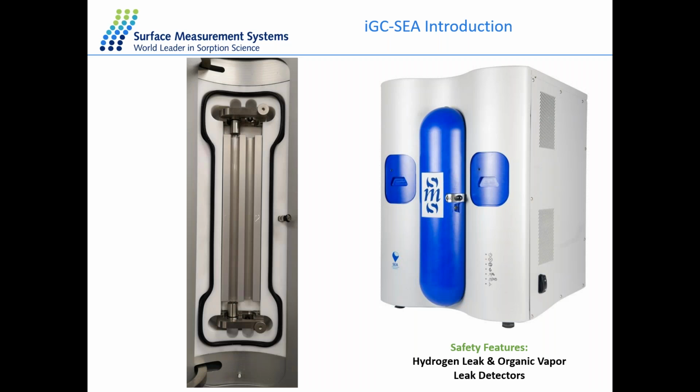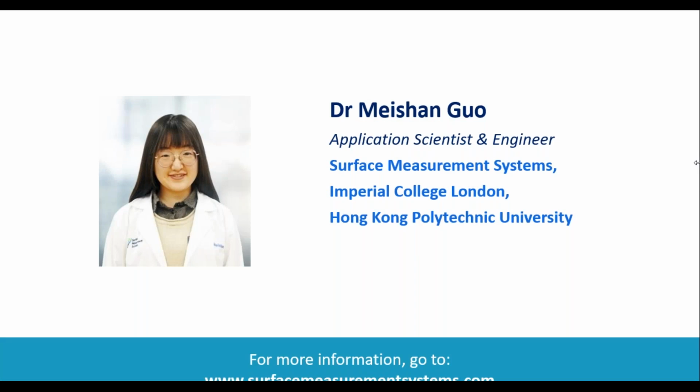She joined SMS in 2018, and since then she's been working on surface characterization of solid state materials using DVS and IGC techniques. She's going to give a presentation on BET surface area measurement using both DVS and IGC techniques.